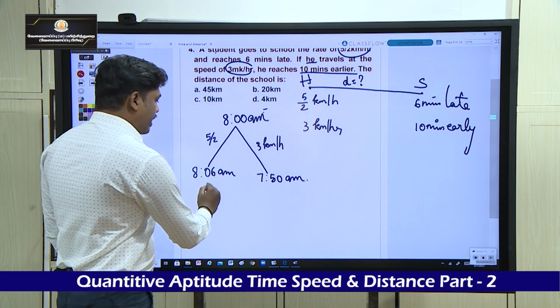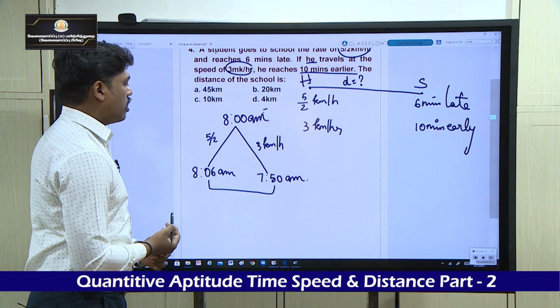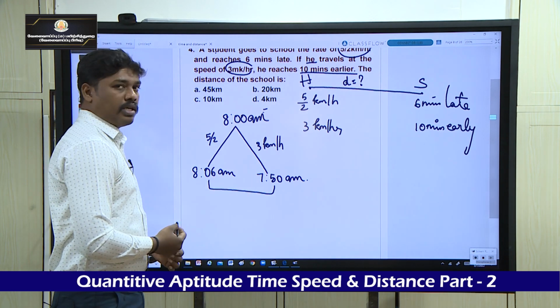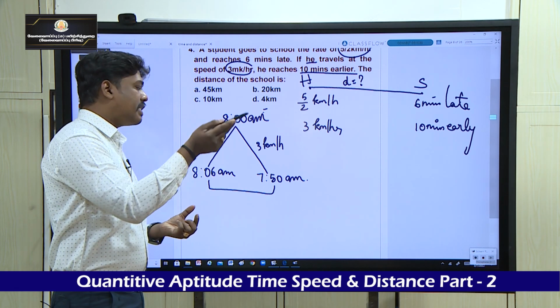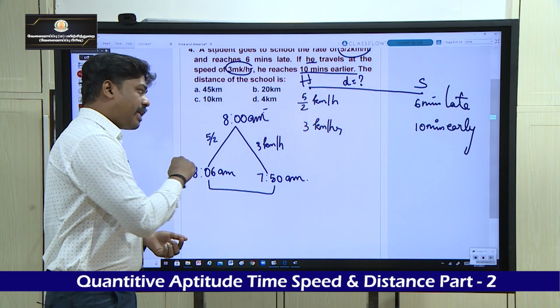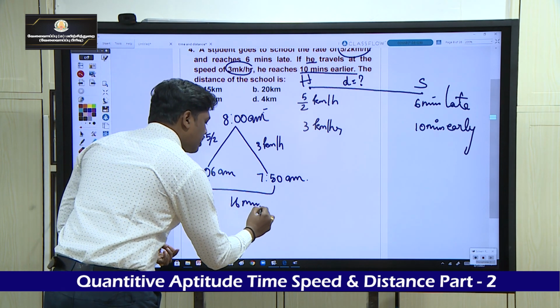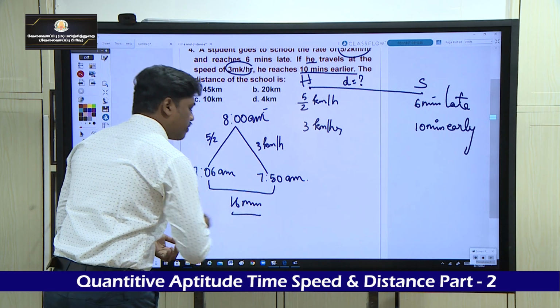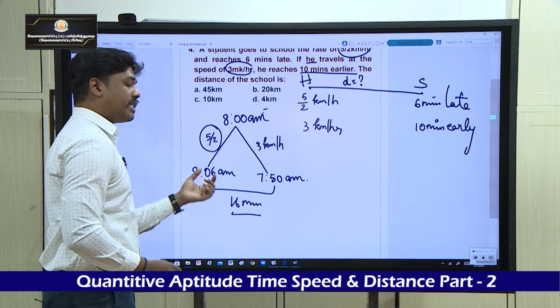So, look at the time difference here. How much difference we are getting here? 7:50 to 8, 10 minutes. 8 to 8:06, 6 minutes. So, 10 plus 6, you will get the difference of 16 minutes. If it is going at 5/2, reaches at 8:06.